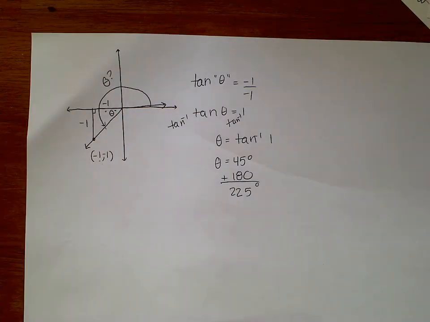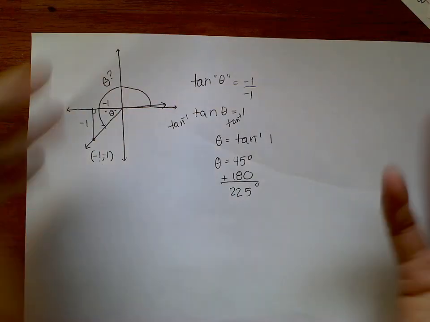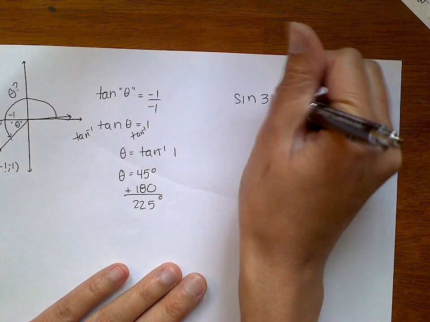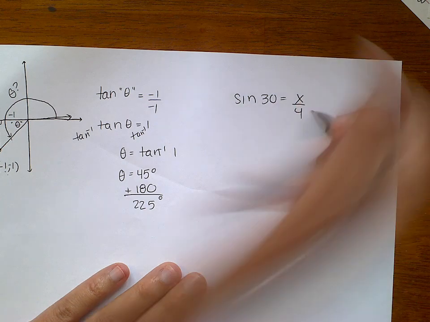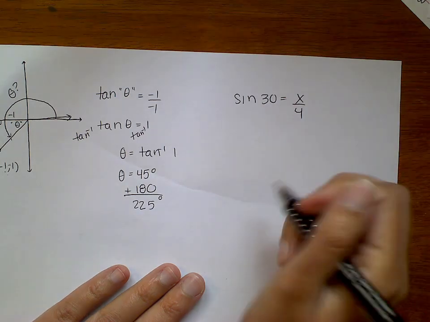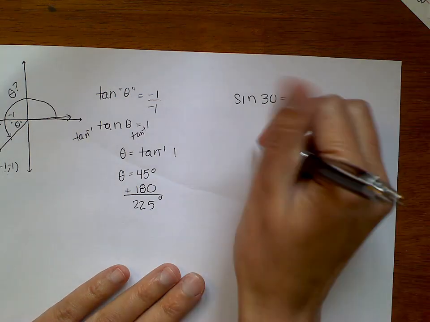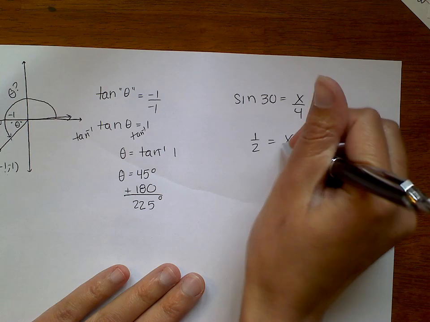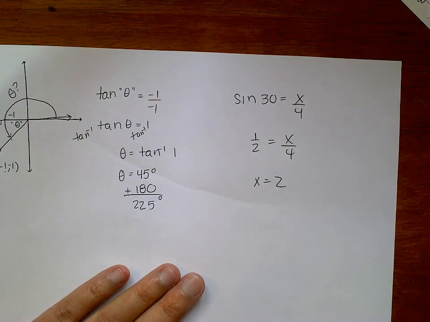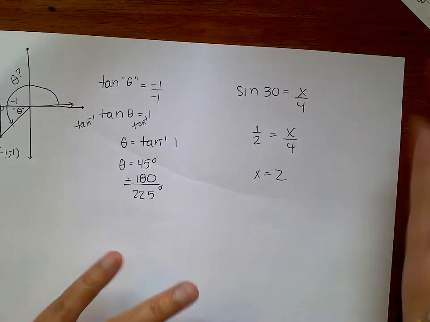And so knowing those triangles quickly can be helpful for things like if I wanted to solve something like the sine of 30 equals x over 4, if I want to solve for x there. If I just know what the sine of 30 is, then I can figure this out really fast. Like the sine of 30, I know is half, and so then I can just solve for x, it's going to be 2. And like you can do that really quickly without a calculator. So that's kind of why we want to do this.